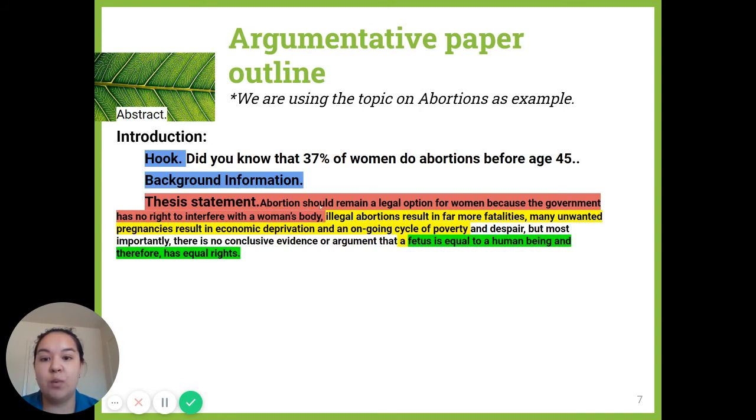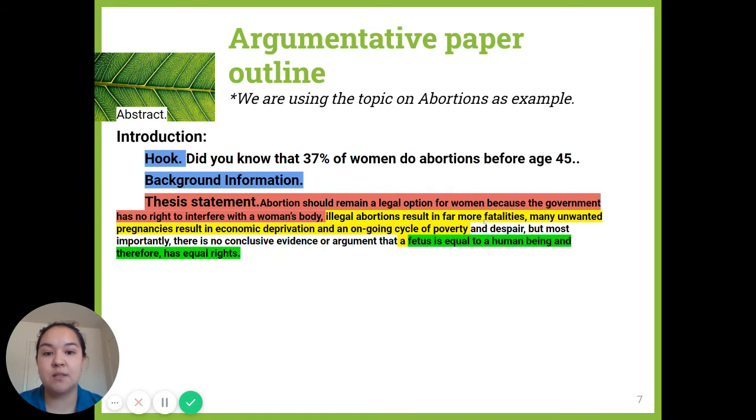Stay with me. Abortion should remain a legal option for women because the government has no right to interfere with a woman's body. Remember, we are giving our strong opinion, strong position about abortions. In this case, we are pro-choice. So we have no right to interfere with women's bodies.